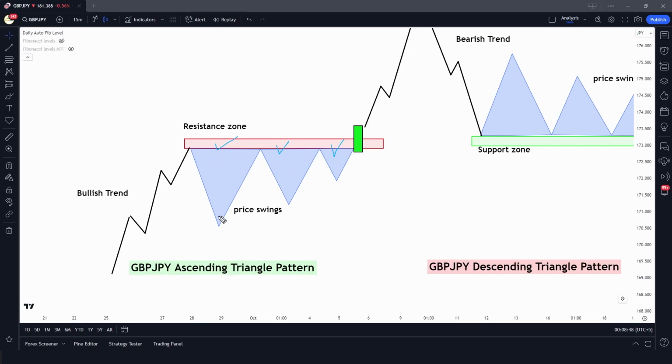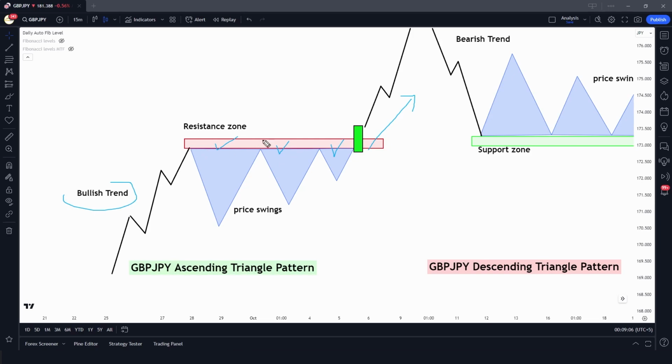The momentum that sellers found here in the first triangle is fading out. So once this resistance zone breaks, the market is ready to carry on its previous momentum that was there in the beginning of the pattern formation.